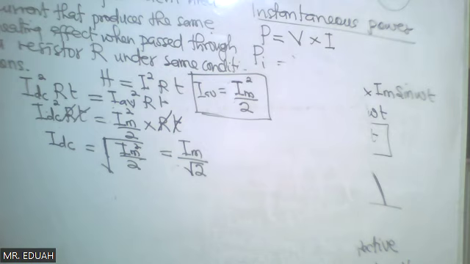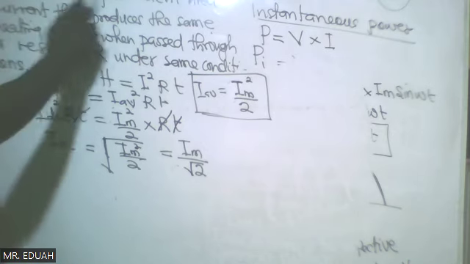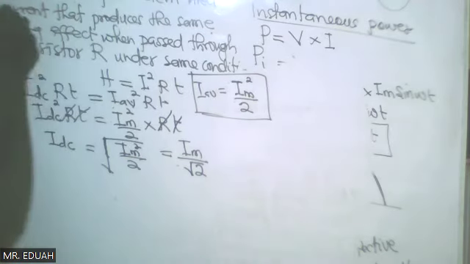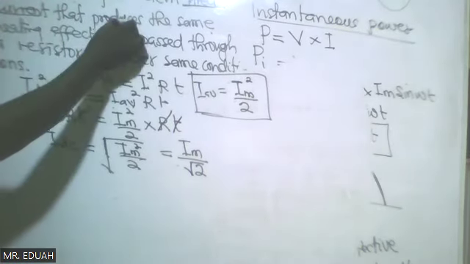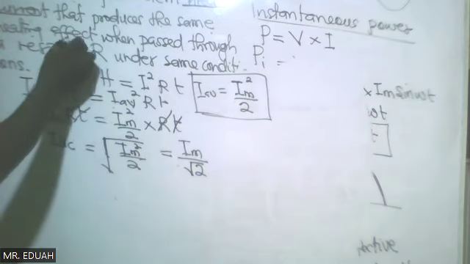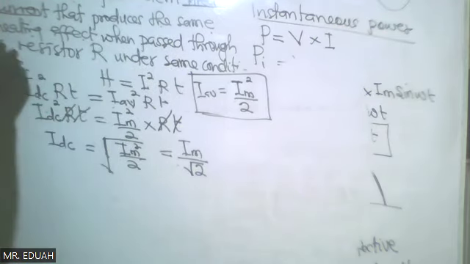So by definition, we define I_RMS as the equivalent DC, direct current, that produces the same heating effect when passed through a resistor R under the same condition.